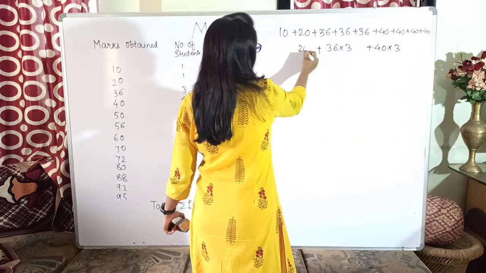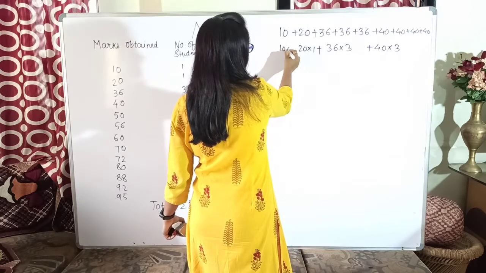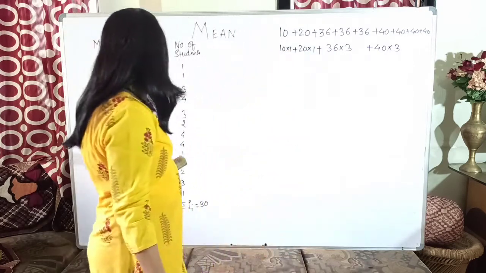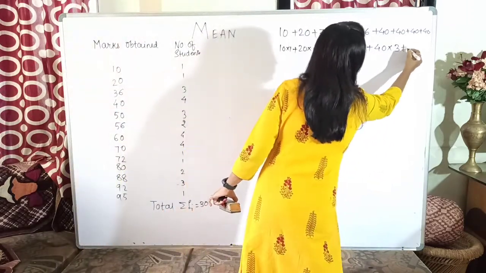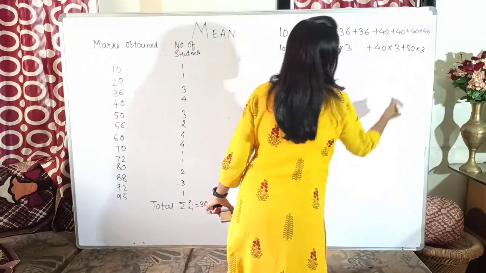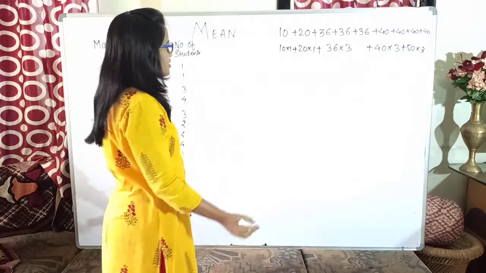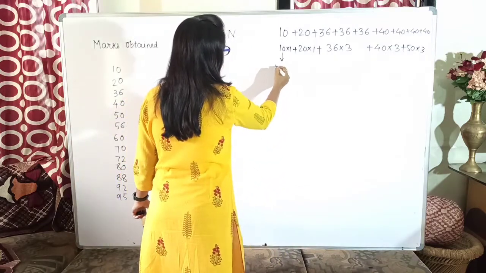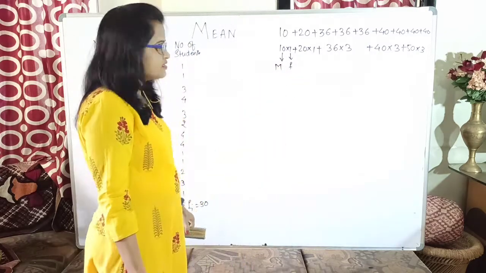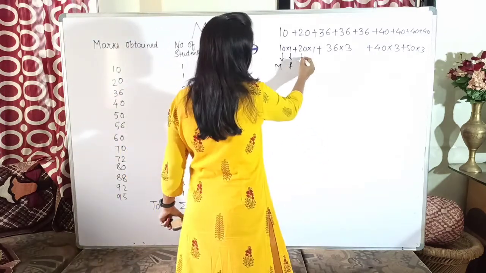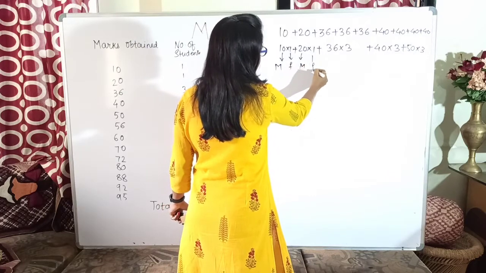Since these are one time, it is 20 into 1, 10 into 1. Next value 50 is repeated 3 times, so plus 50 into 3. What you can observe is that these are the marks obtained, whereas this is the frequency. Yes, for the next case also, marks obtained, frequency.